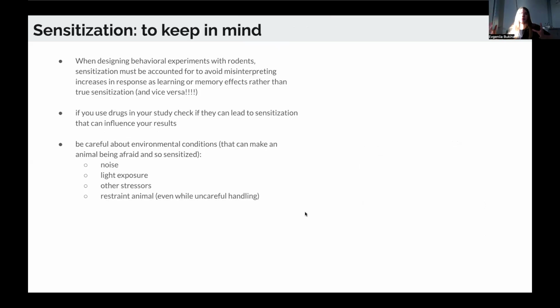And what we should keep in mind, a short summary about sensitization, is why we should take it into consideration. When designing your experiment, you should take sensitization into account to avoid misinterpreting increases in response. So sometimes you think, yeah, learning doesn't work.